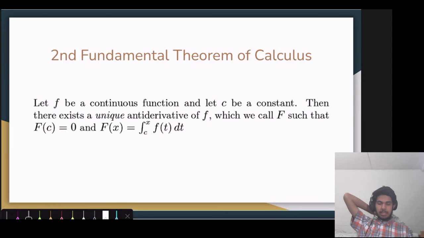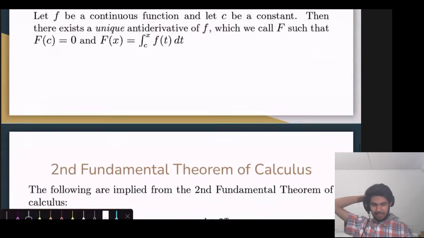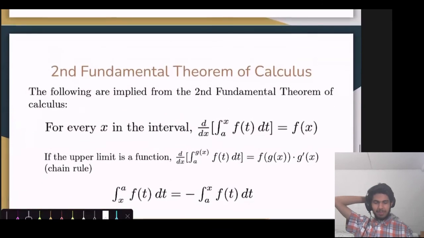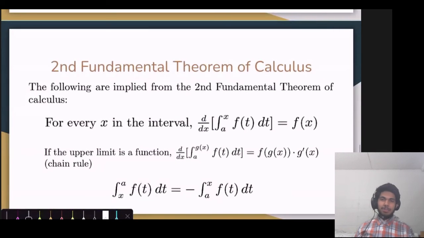This is saying the antiderivative at some point x is equal to the integral from this point c that we start out with, this constant value, to x of this function, but in terms of t. So we kind of do a change of variables there. We'll probably see this with an example in just a moment. But really, the implications of this theorem are what matter.